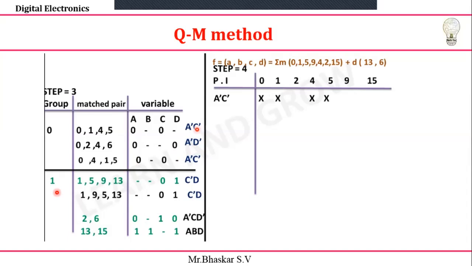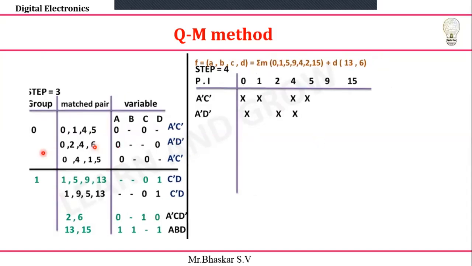So a dash d dash is covering 0, 2, 4, 6. 0 covering, 2 covering, 4 as well as 6, but 6 is a don't care condition, that's why I'm not going to consider it here. Next is 0, 4, 1, 5, which is nothing but a dash c dash, which you already covered, so we are going to consider it only once.